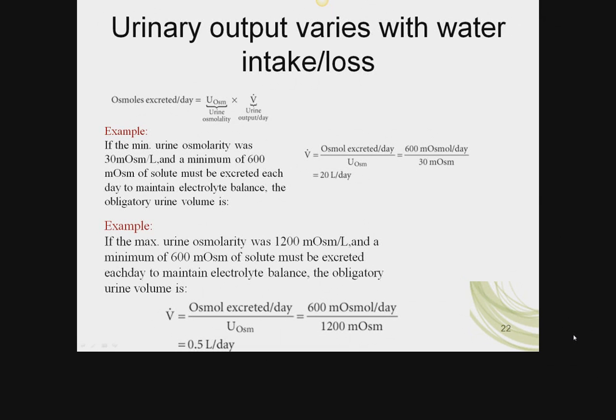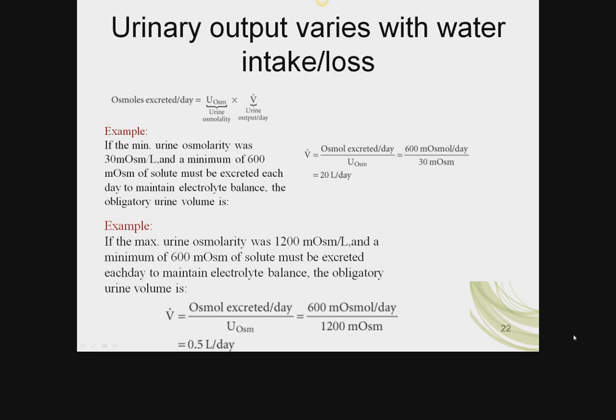So if the minimum osmolarity we can create is 30 milliosmol, and we have to excrete 600 milliosmoles of waste products every day, then if I take my urine output, 600 milliosmoles per day, divided by the minimum osmolarity possible, which is 30 milliosmol, then that means I have to have a urine output of 20 liters per day. I've merely rearranged this equation to solve for urine flow.